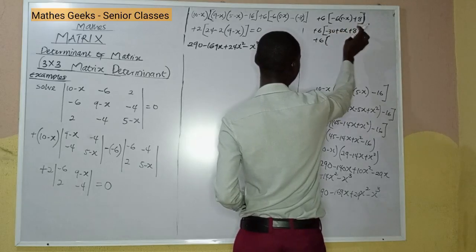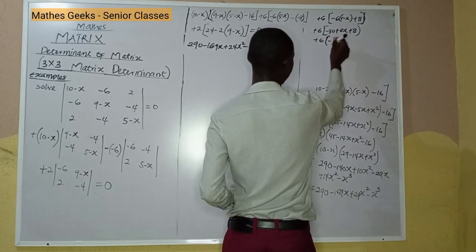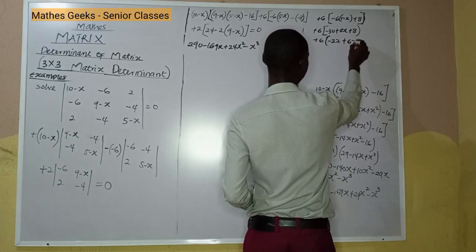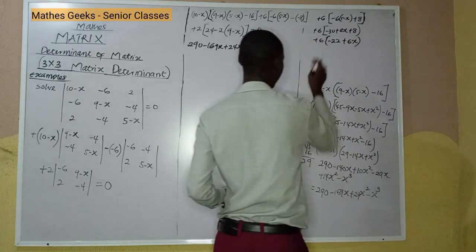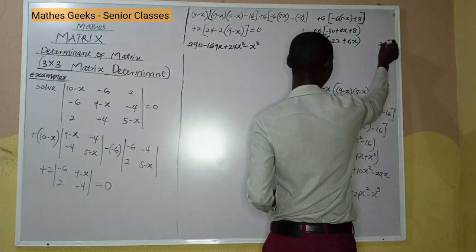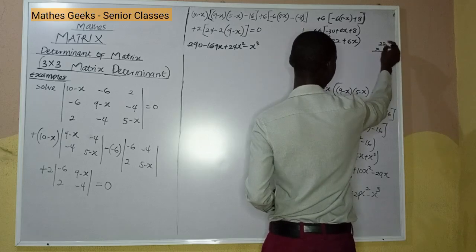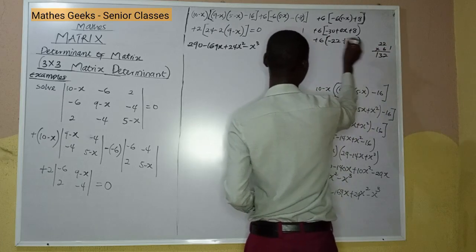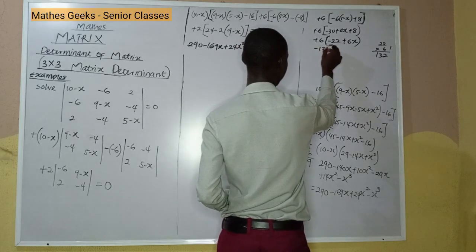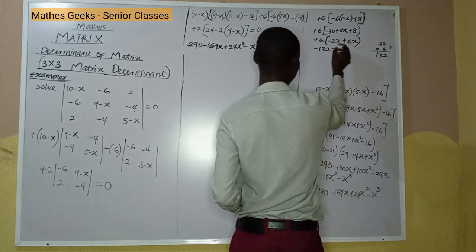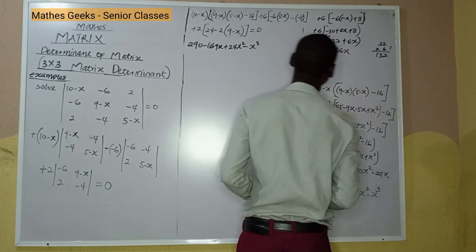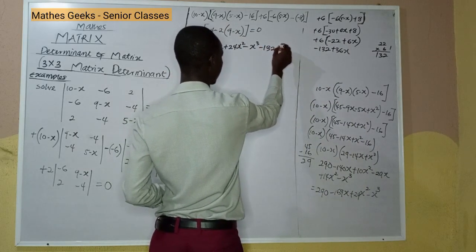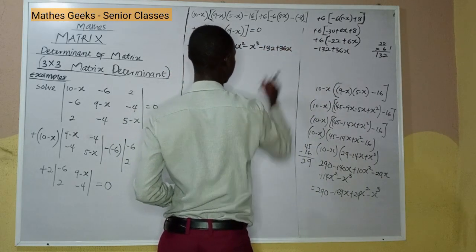Okay, minus x plus 8 will give us minus 22 plus 6x plus 6 times minus 22. 22 times 6 is 132, minus 132, plus 6 times plus 6 is plus 36x. Okay. Put it here, minus 132 plus 36x.